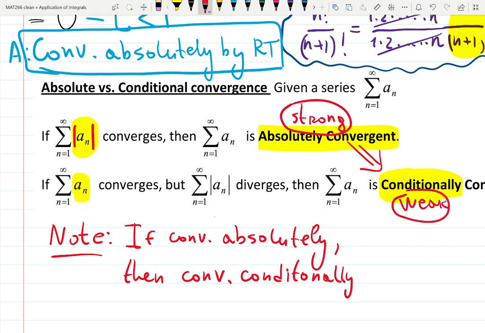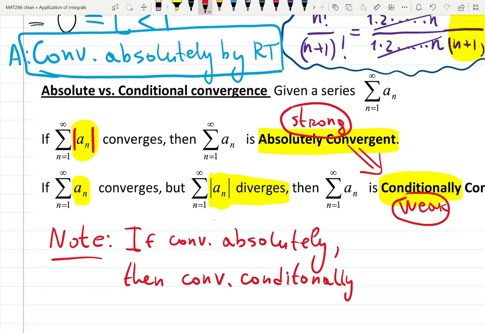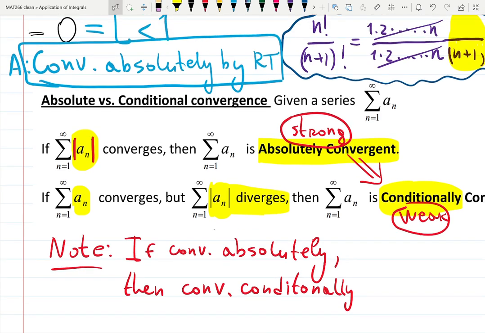Strong versus weak. If a series converges conditionally, it does not necessarily converge absolutely. That's why it's called conditionally. It converges with the condition that absolute values do not converge. Okay, whatever I just said sounds super confusing, which is typical. So let me see that you finish writing and I'll summarize. This is important.